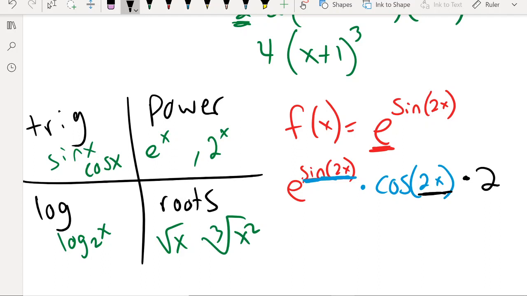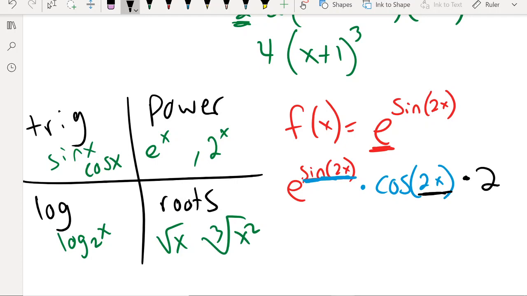Now, the reason why you know you should stop is because you don't have anything else listed like what I have listed over here: trigs, powers, logs, roots, nothing else like that. If I were to take the derivative of 2, I'd get 0, right? So if I multiplied by 0, the whole thing would just be 0, right? So that should definitely be a red flag.